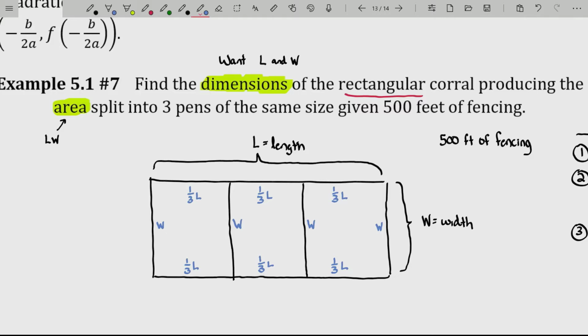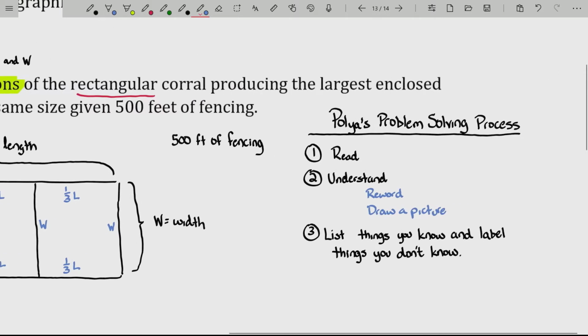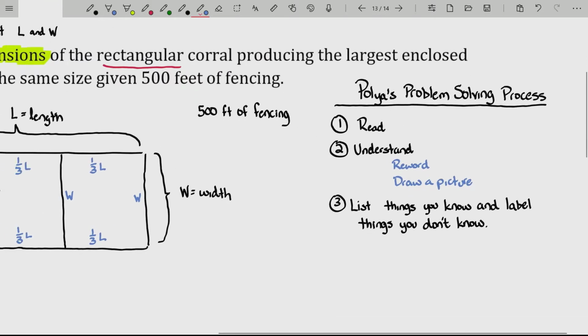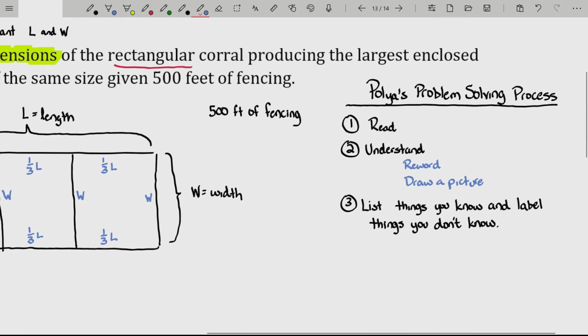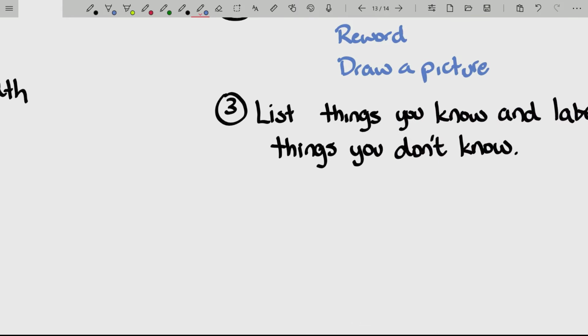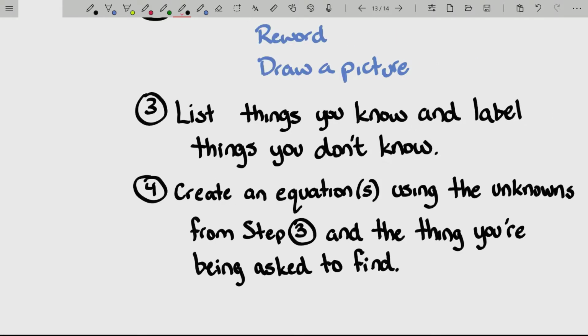Now, the next thing we need to do is really start including mathematics. We already have here, right? We've started labeling things, but it's really important now to glue the math to what we need to know. So I think it might be nice to list out an extra step here. We're going to create an equation, or maybe several equations, using the unknowns that we pulled together from our previous step and the thing you're being asked to find.